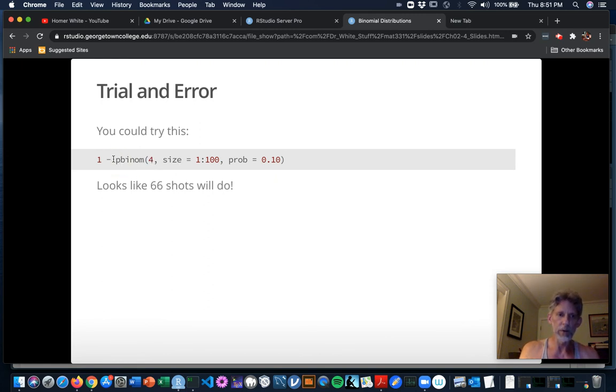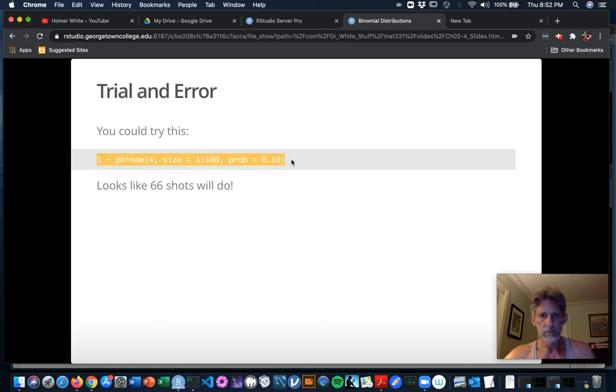So what I'm asking for in this part right here is the probability of less than or equal to 4 successes when I'm doing my trials. 1 minus it would be the probability of 5 or more successes. So this here is going to generate a bunch of probabilities, one for every binomial random variable from 1 trial up to 100 trials, and what I'm computing each time is the probability of at least 5 baskets in that number of shots.